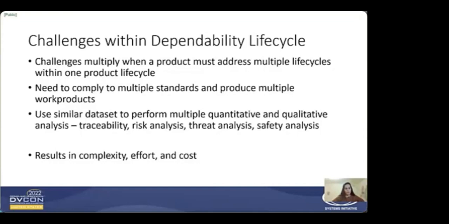They're using the same data set. They are using the design data. They're using the different types of measures that you have within your system. They're using different types of safety mechanisms. They're looking to see what are the different types of failures that could happen and could be propagating from one level to the other. So we have a common set of things that are shared within these different attributes.